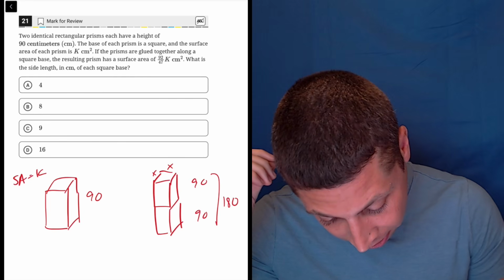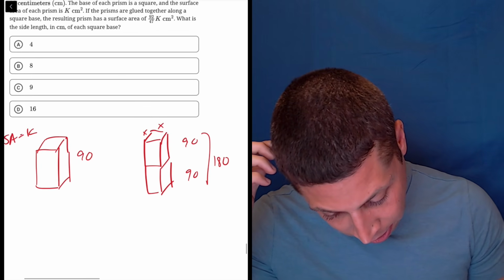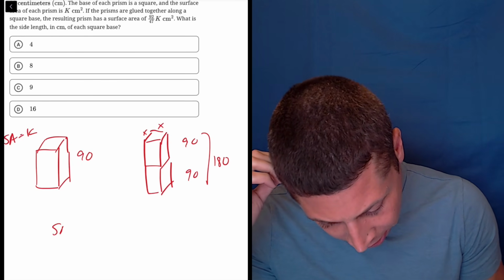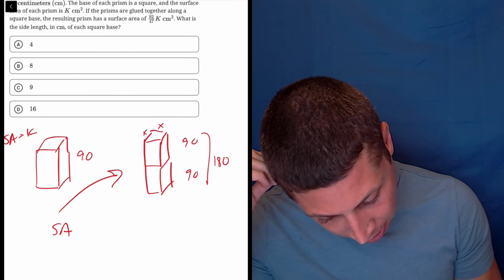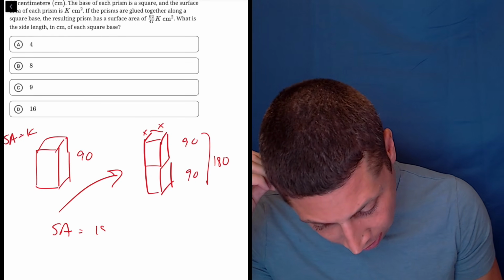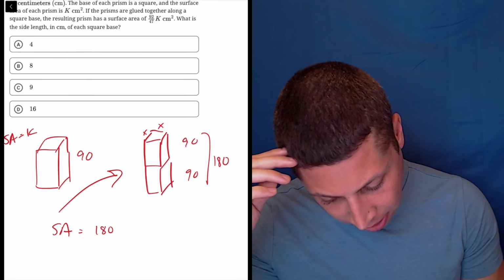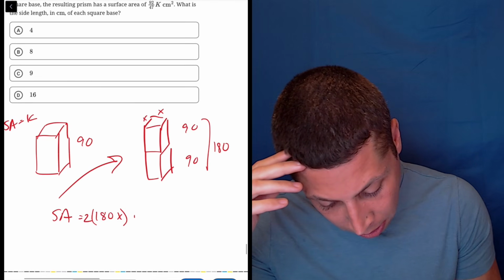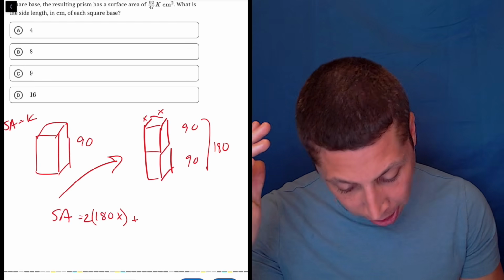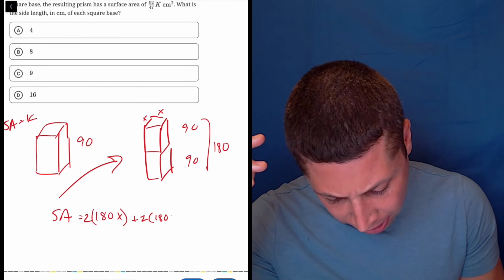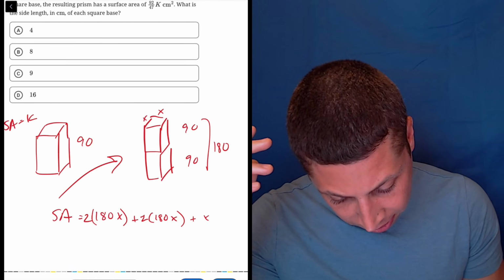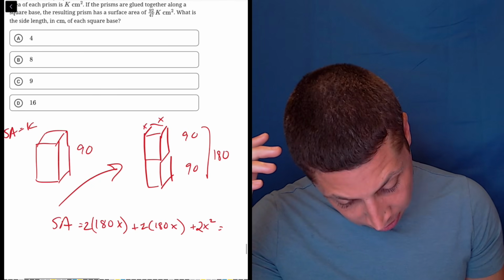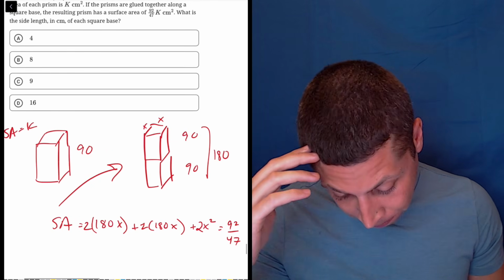So where x is this, right? So the surface area of this thing would be 180 times x, which is the front and the back. So that's times 2, plus the left and the right is, again, 2 times 180x, plus x squared times 2, because the top and the bottom, and that is supposed to be 92 over 47.